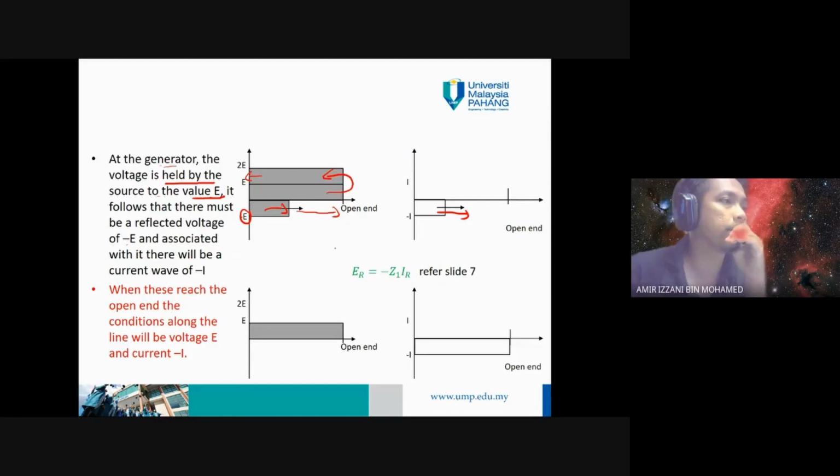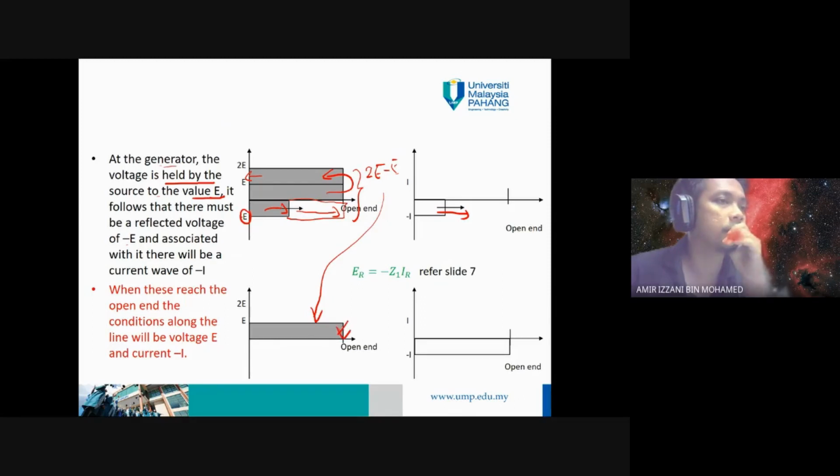And again when the voltage negative E reaches the open end, the total here will be a sum of all of this. So it's 2E minus E, and this is what is left.